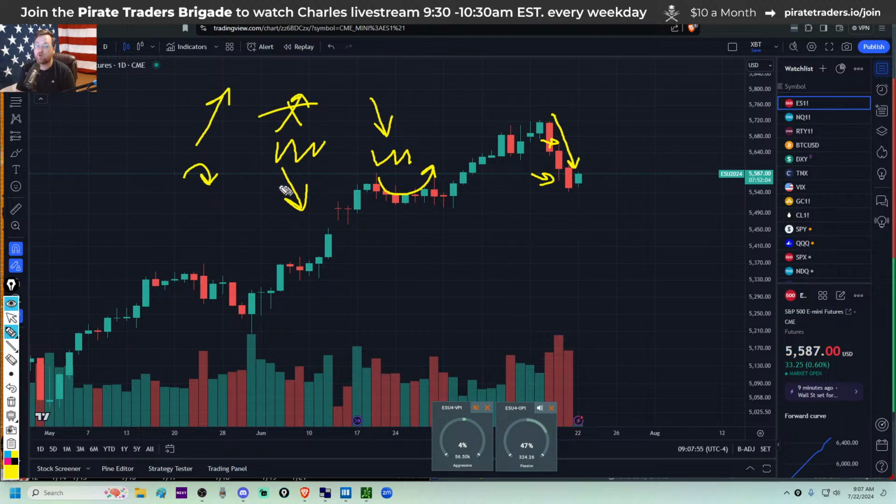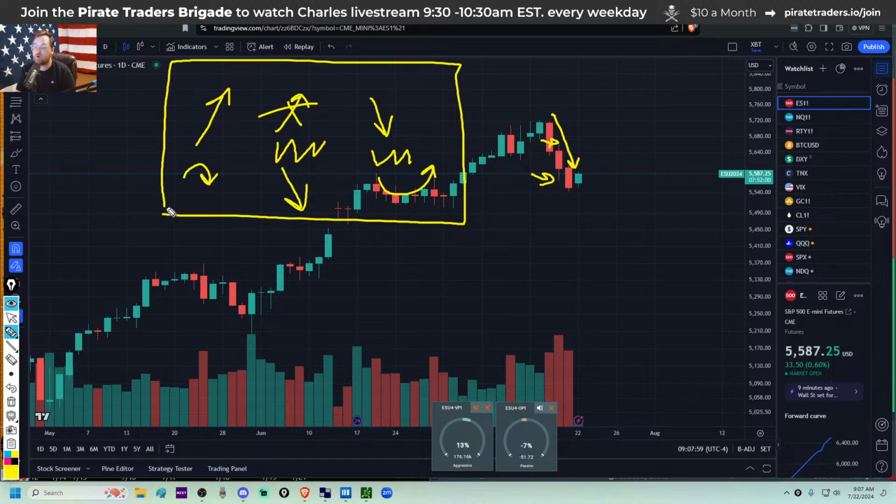Okay, so this is giving us a context. I know that might seem confusing because they're all kind of saying different things. But depending on what happens with the shortest time frame, so depending on what happens intraday today, that will tell us what's happening on the daily time frame. Okay? What happens on the daily time frame will tell us what's happening on the weekly time frame.